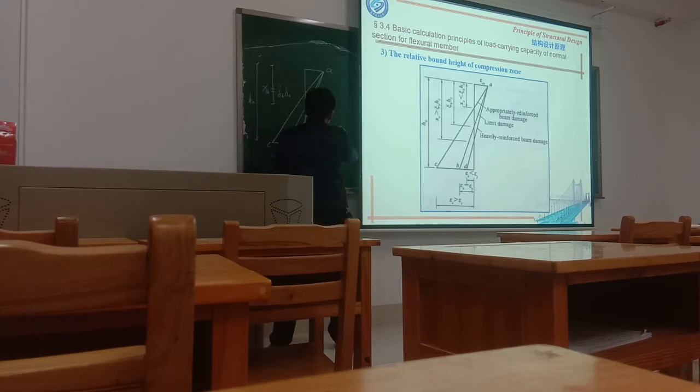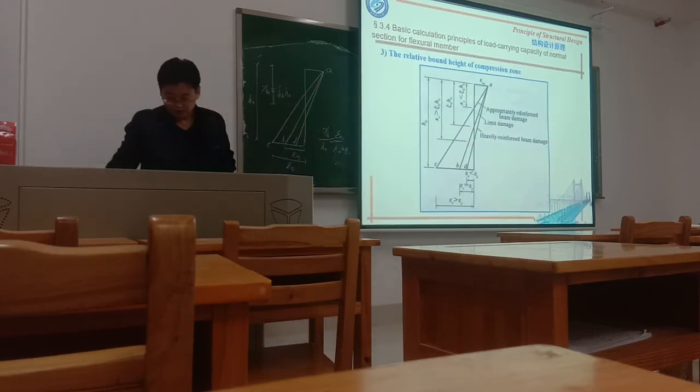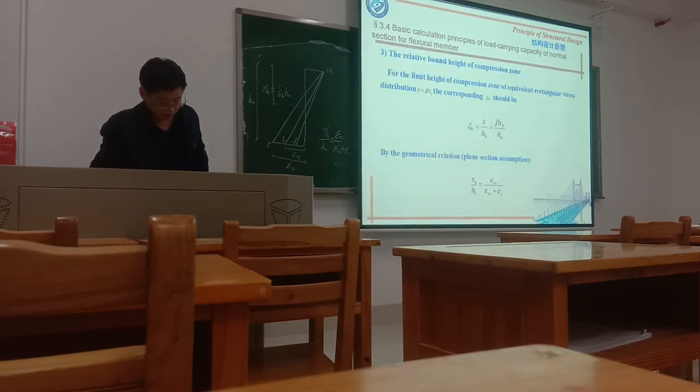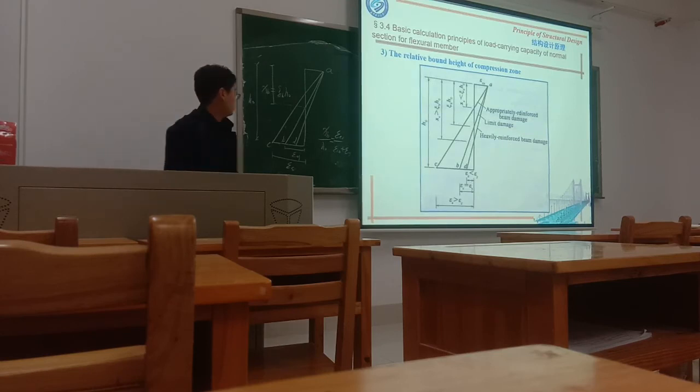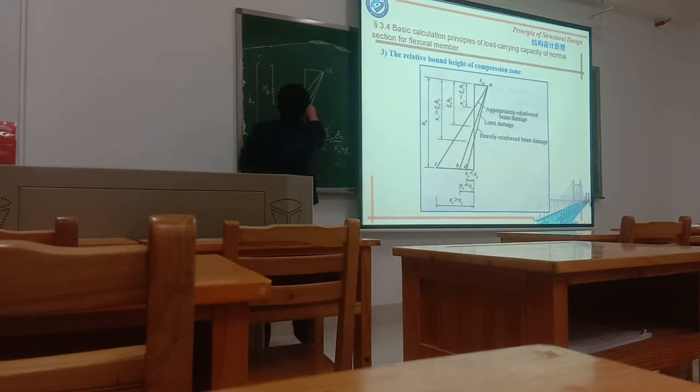So now XB divided by H0 equals ε_cu divided by ε_cu plus ε_y. Here this is XB, and this distance is H0.